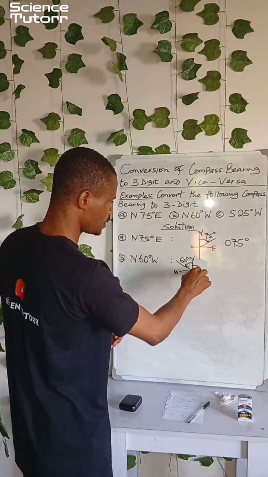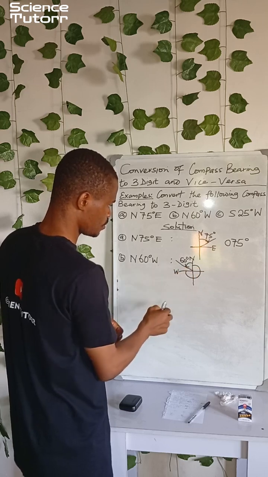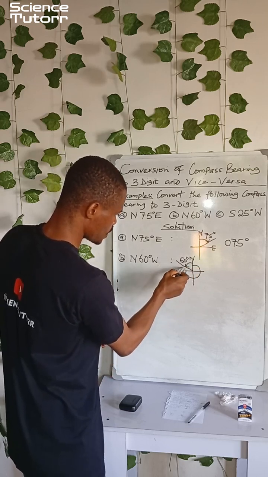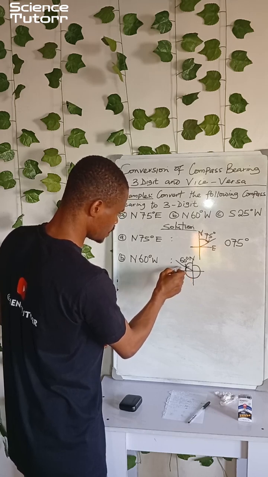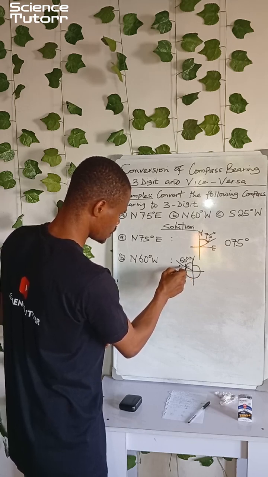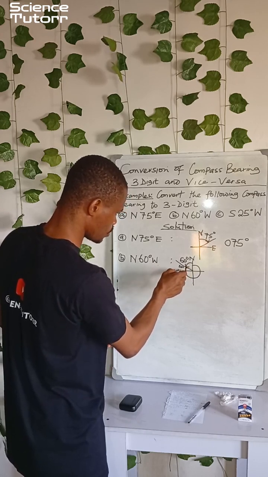From the north, 90, 180, 270. Now 60, this little angle is 30 degrees, because 60 plus 30 is 90, forming this right angle.